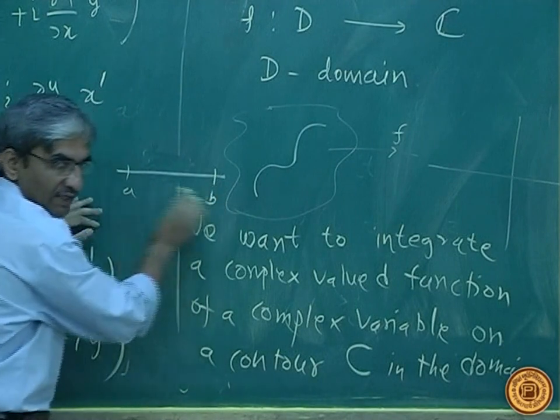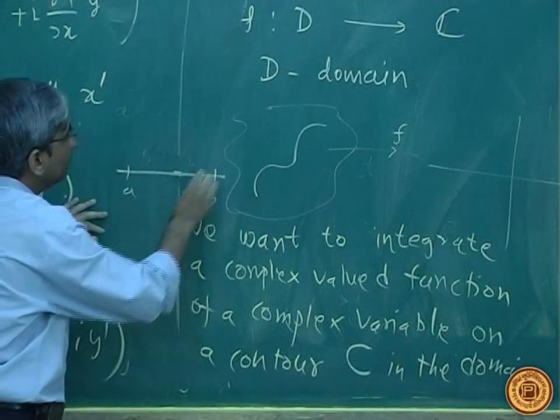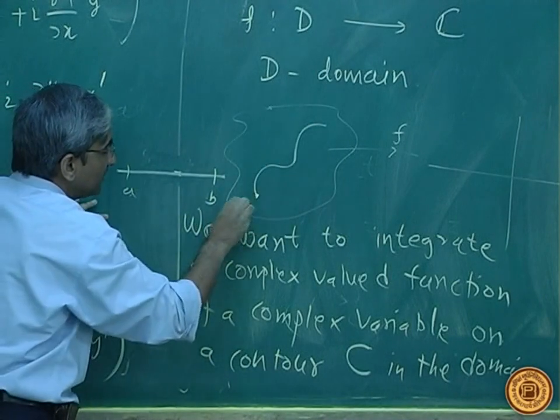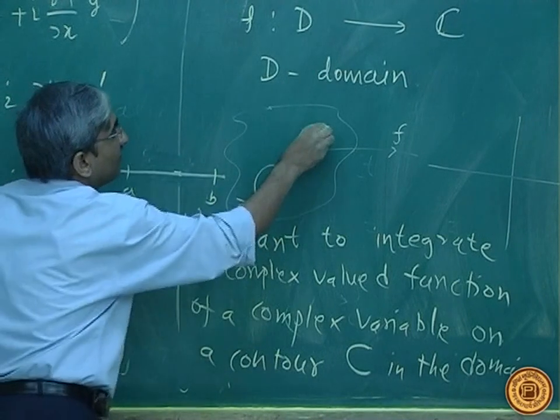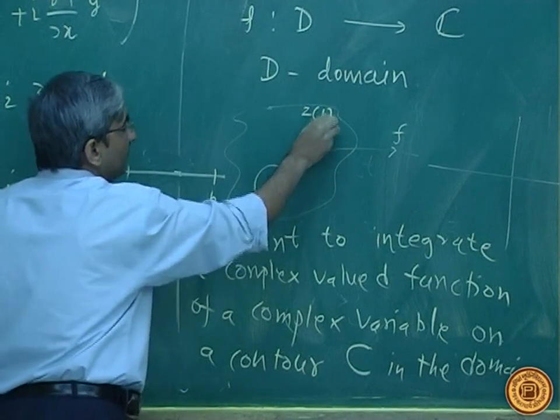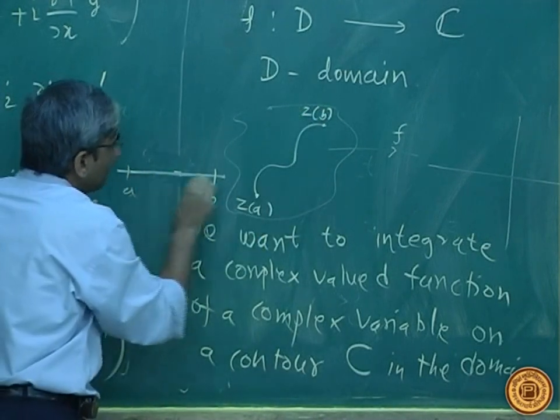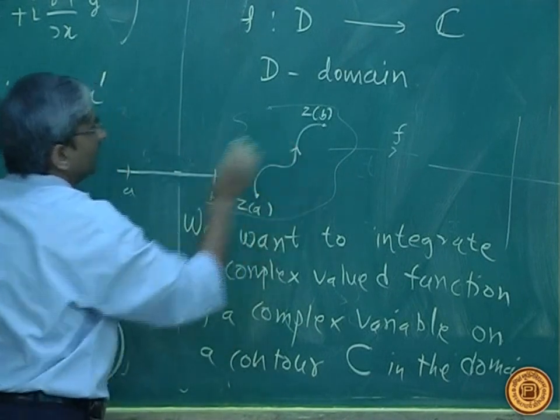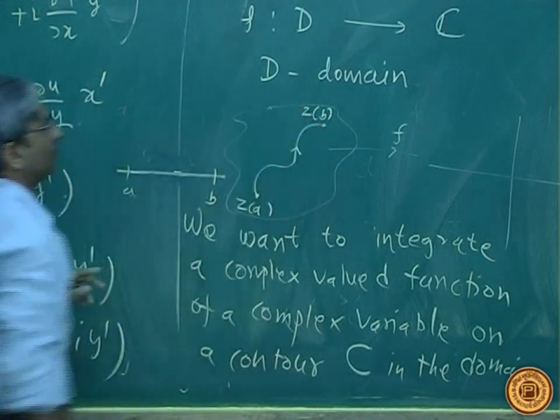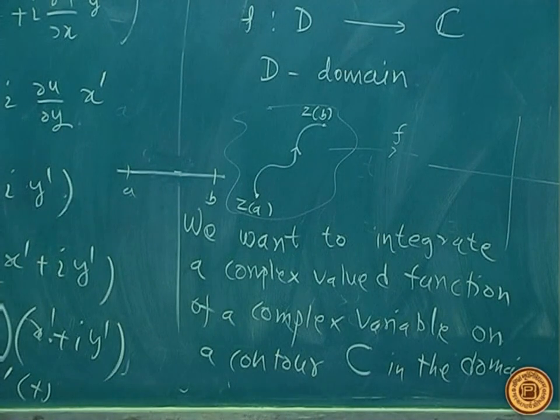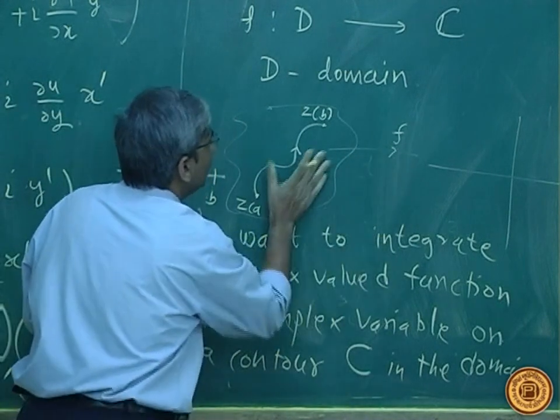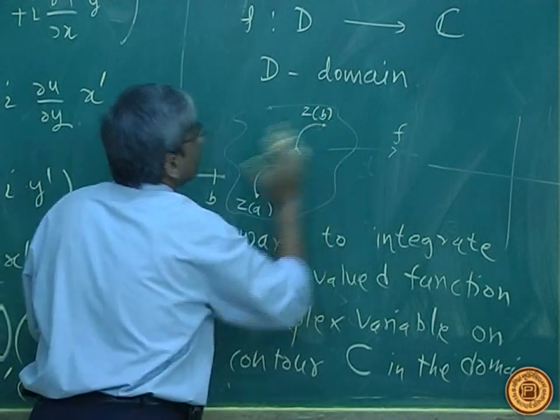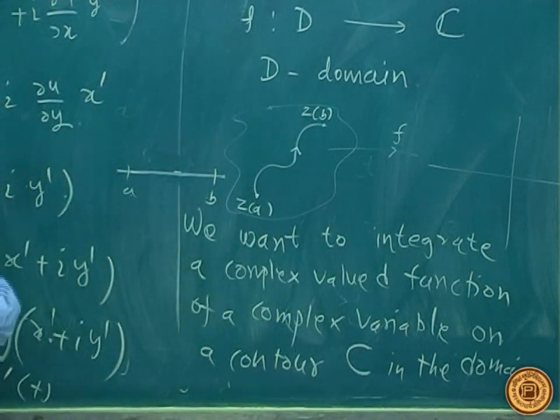So there will be some interval, and as t varies, these points will be z(t), and this point will be the initial point z(a), and this point will be the terminal point z(b). Suppose I orient this curve like this. And this function is defined everywhere on this plane, but we want to integrate on this contour.